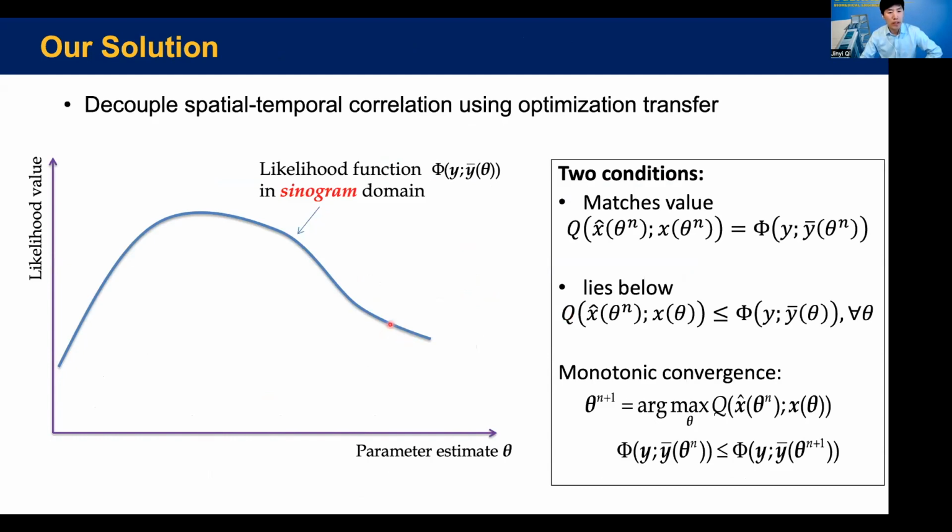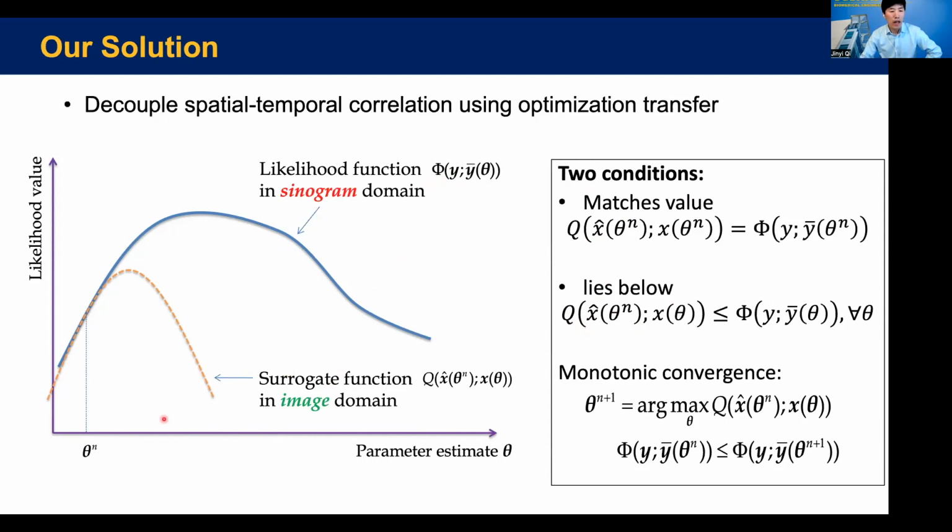The basic idea is to replace the original objective function, defined in the sinogram domain as given by this phi function, by a surrogate function defined in the image domain that satisfies two conditions. One is they have matched value at the current estimate, so they touch there. The second is that the surrogate function will lie below.